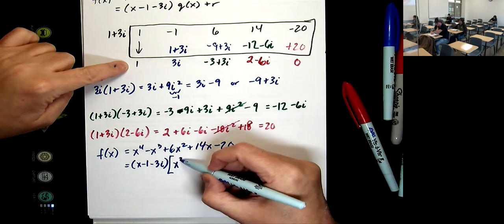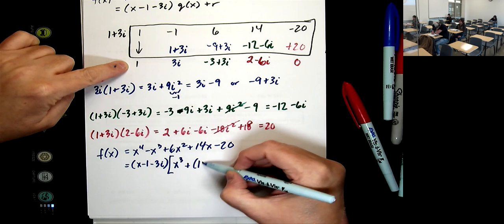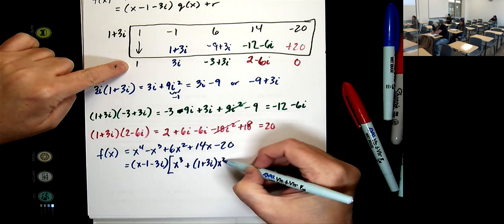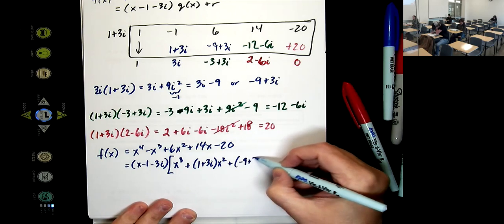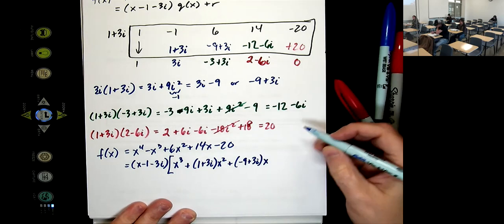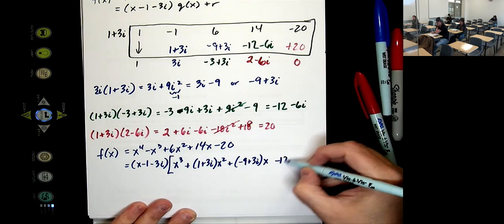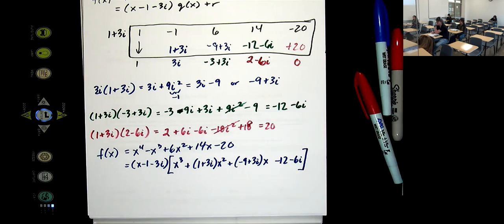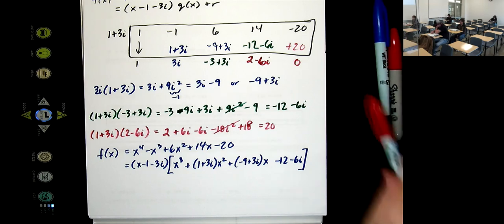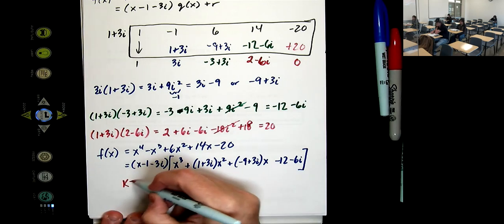I got x cubed plus 1 plus 3i x squared plus negative 9 plus 3i x minus 12 minus 6i. So k equals 1 plus 3i is a 0.